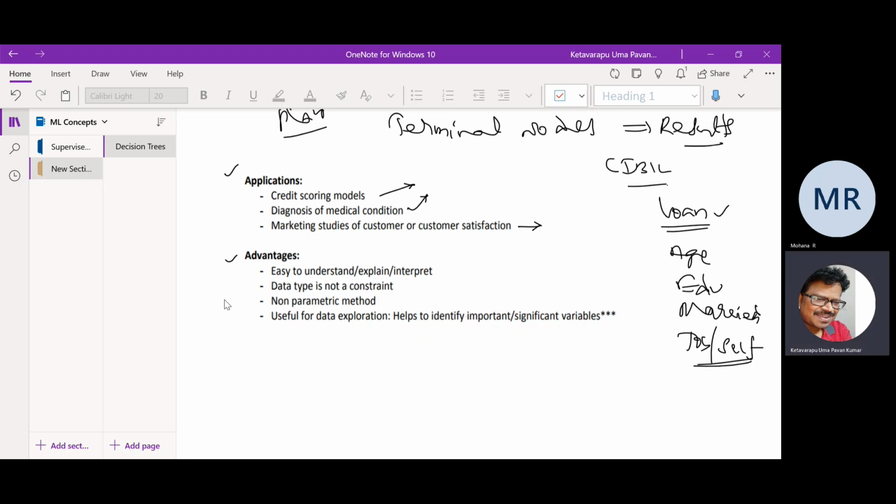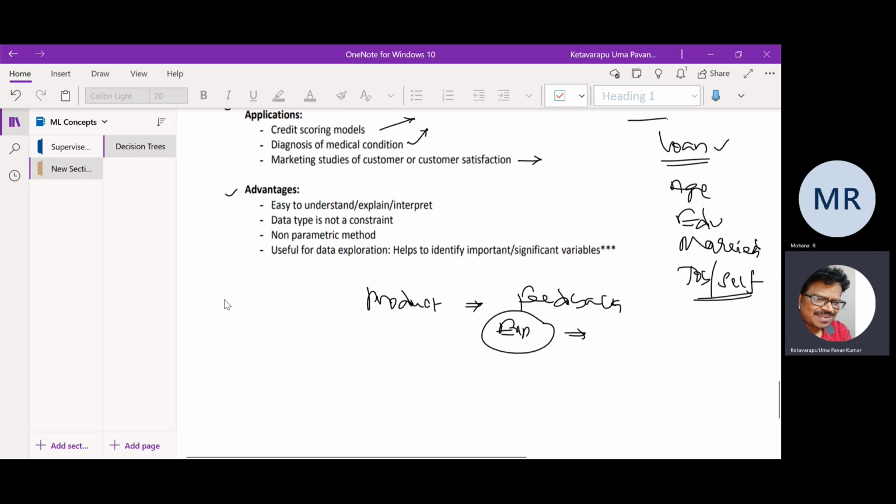And then marketing studies of customer satisfaction. Here, maybe some kind of malls and some kind of companies, what they do is after purchasing the product, they may give us some kind of feedback form. Okay, so like what is your experience with our shop, online, maybe offline? And how the appropriate members received you, and how you enjoyed the ambience.